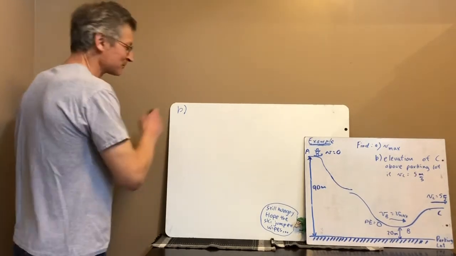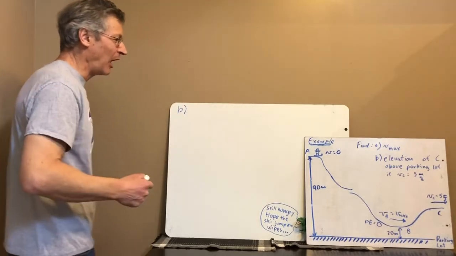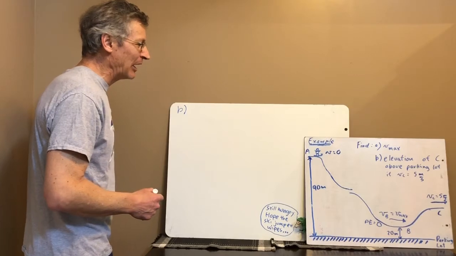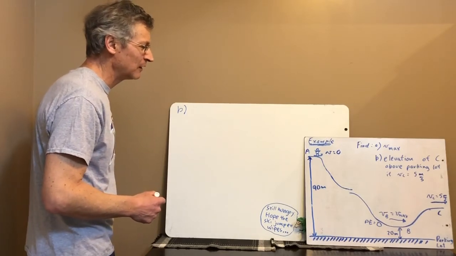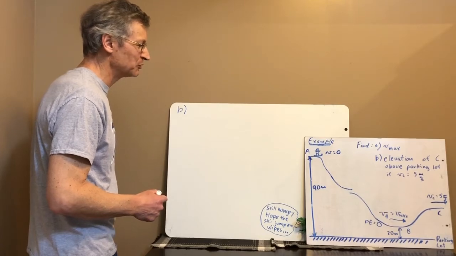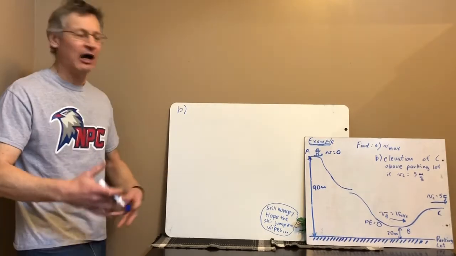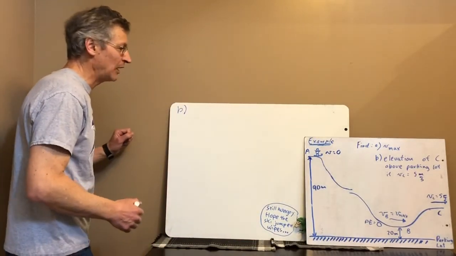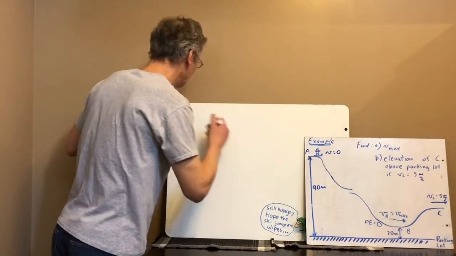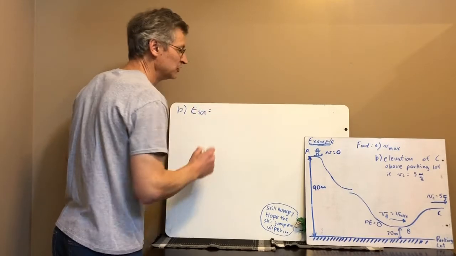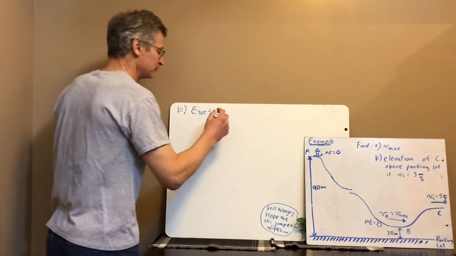So, B part, we want to figure out the elevation of area C above the parking lot, if the velocity of our skier in C is supposed to be 5 meters per second. Well, again, I look at this and I see different types of energy. Their total energy here, remember, was their potential energy.